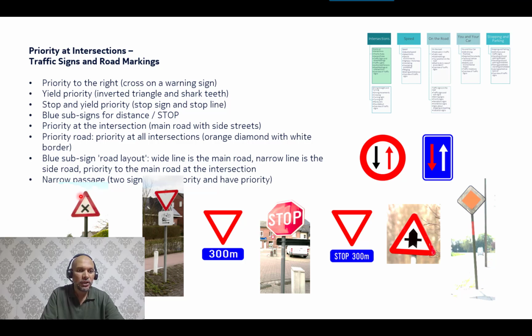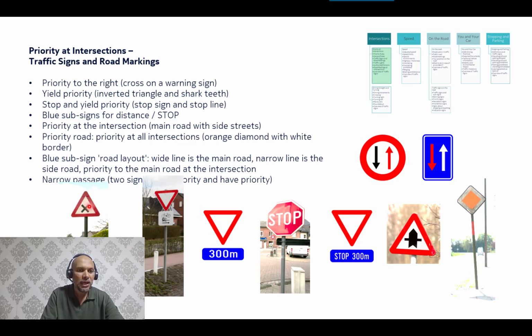Always a warning triangle is in this shape with a red border. Here it's indicating a crossroad. And at a crossroad, by default, there is always priority from the right. And as you can see here in this warning triangle, all the lines, the cross lines, are of equal thickness, right?